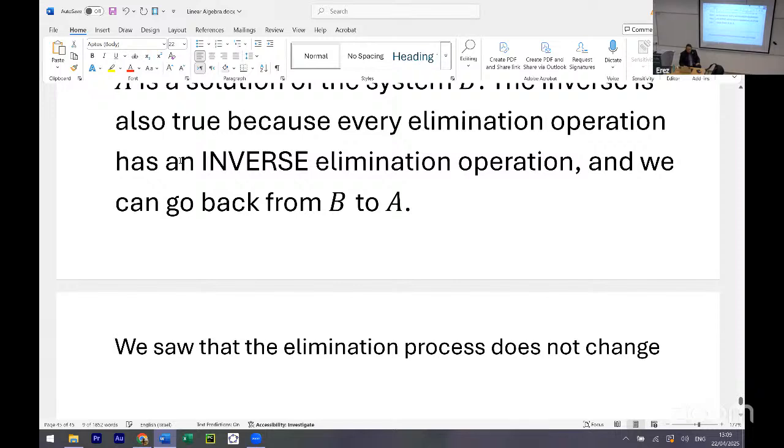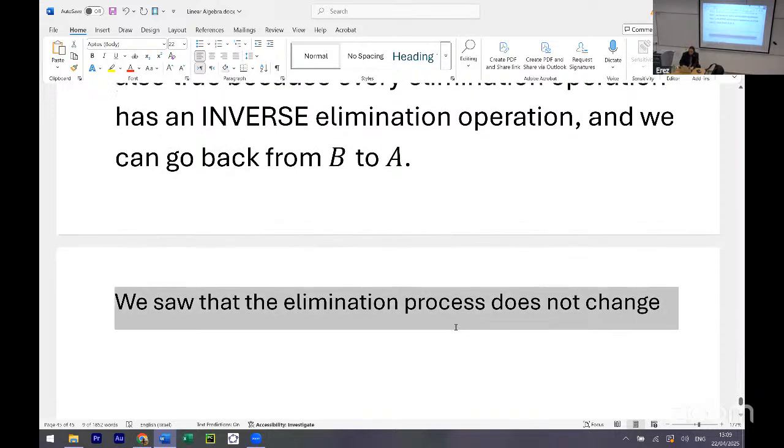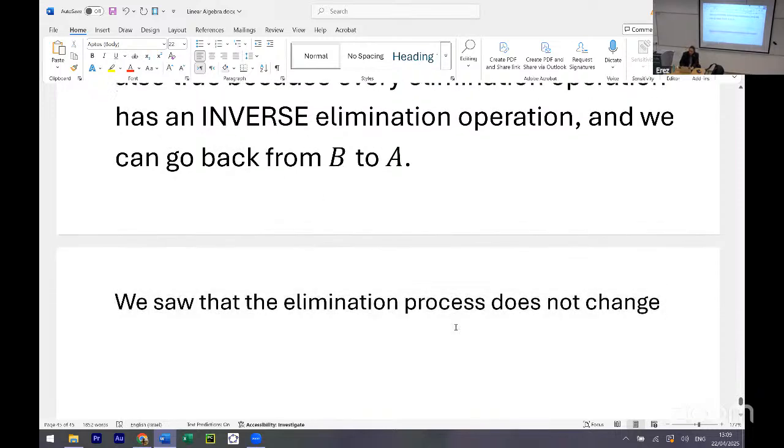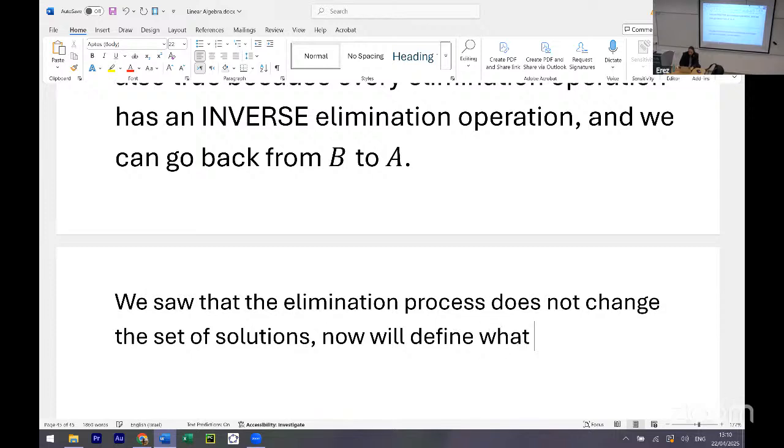I think that's okay. We saw that the elimination process does not change the set of solutions. Now we will define what is the matrix form we aspire to.